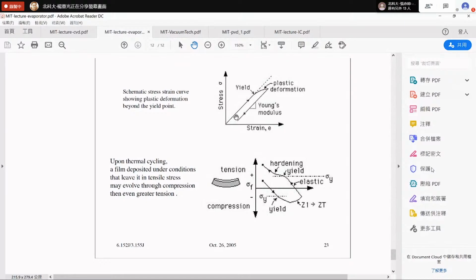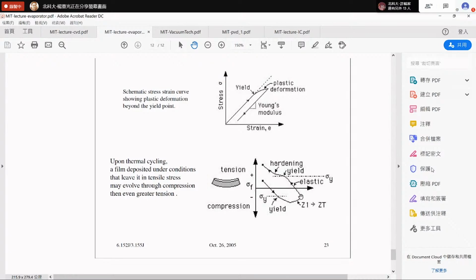Upon thermal cycling, a film deposited under the condition leaves a tensile stress, tension, compression. So when you keep heating, you find that the stress may evolve through compression and then even greater tension.